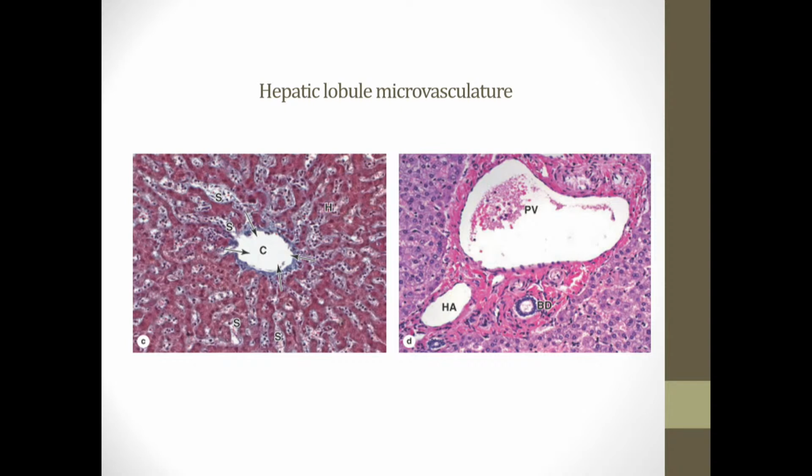Yes, please. Cells inside. So in the vein it is clear. In veins we have a large lumen, thin wall, and inside the lumen are usually red blood cells.